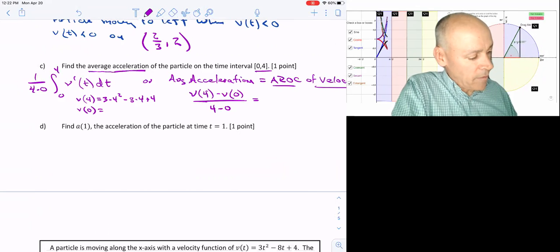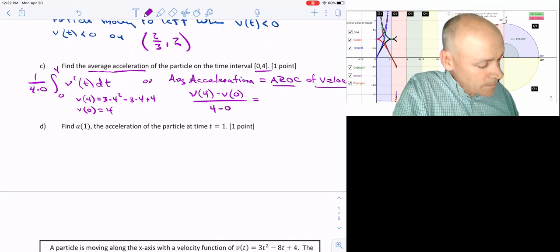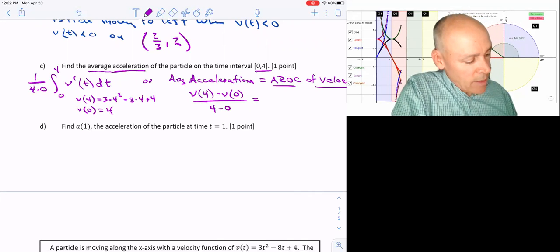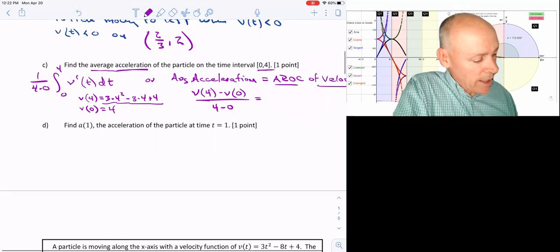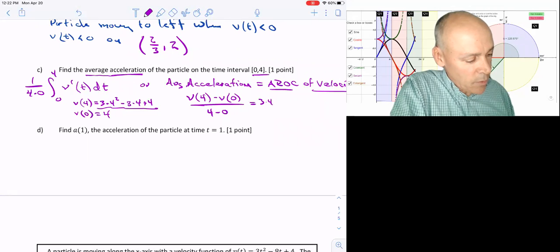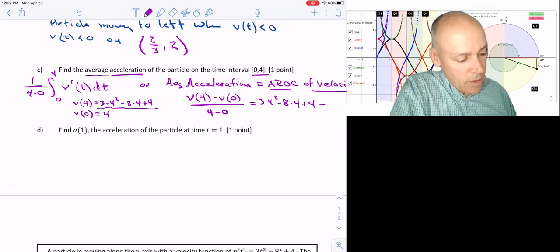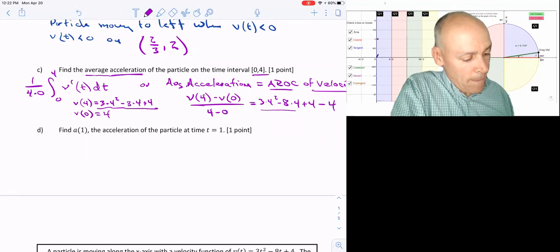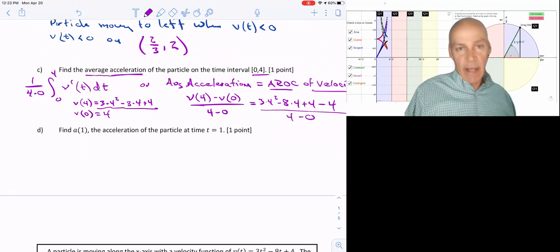I can just see right off, that's just going to be 4. So if I want, I could just substitute v at 4 and put in that expression without any kind of simplification: 3 times 4 squared minus 8 times 4 plus 4, and then minus v at 0, which is 4, all over 4 minus 0. And that's going to be my average acceleration.